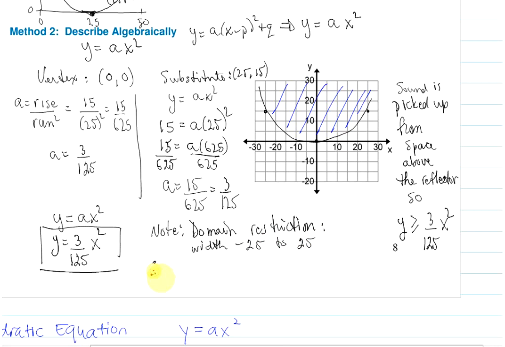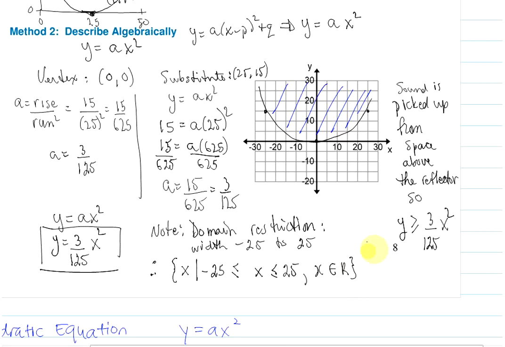If you remember back last year when you wrote set notation for domain, you go x such that, and we want to go from -25 to 25. So we write -25 is less than or equal to x, which is less than or equal to 25, where x is an element of the set of real numbers.